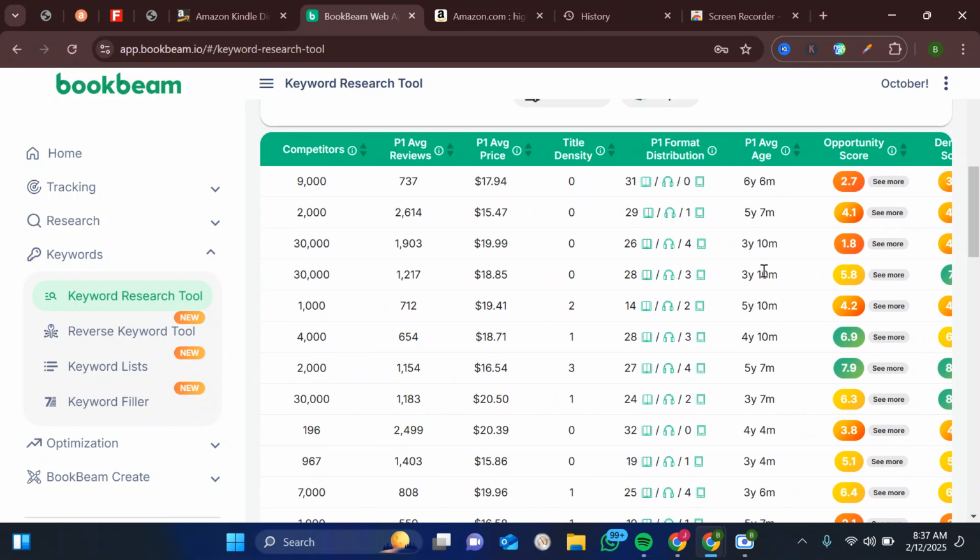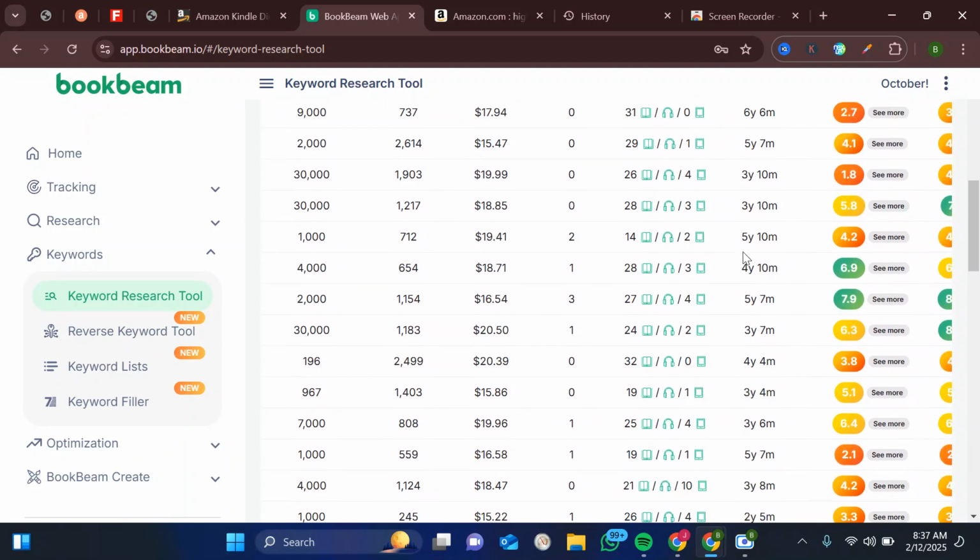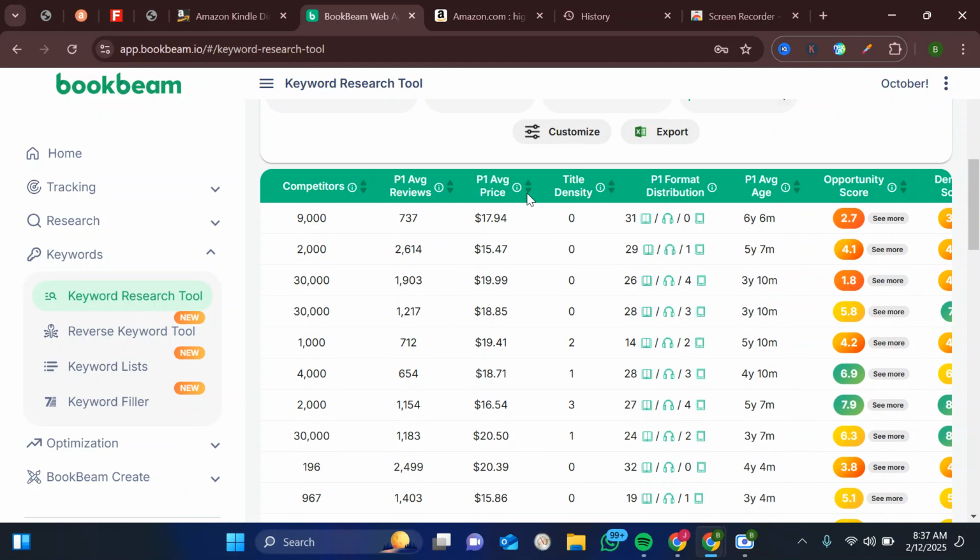Our book will be a fresh edition with fresh information, because people will not want to buy old things. Old things mean the information may have become outdated. So we check the average price and the average age of the books that have been published.